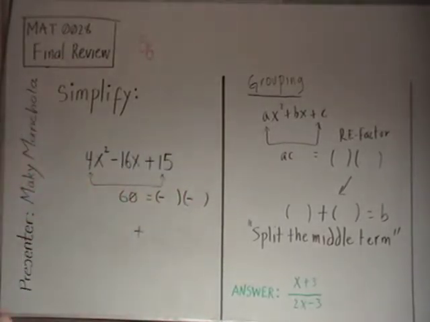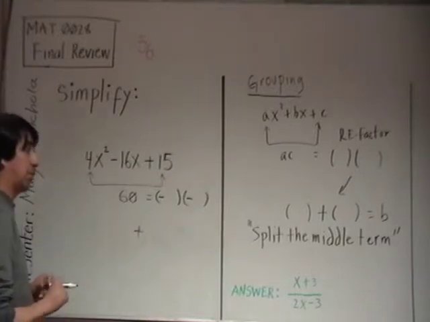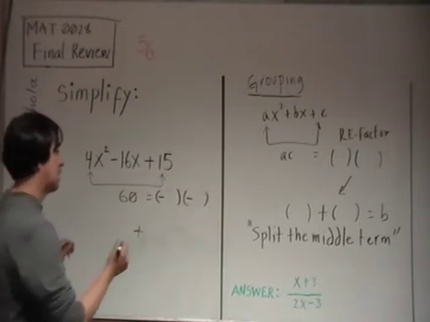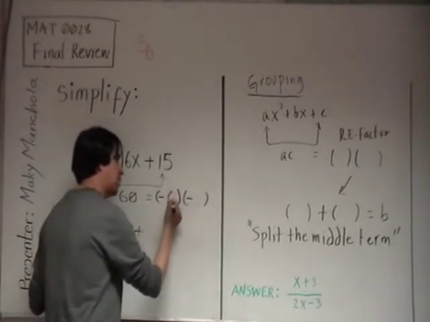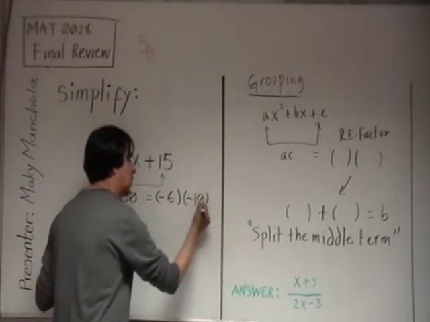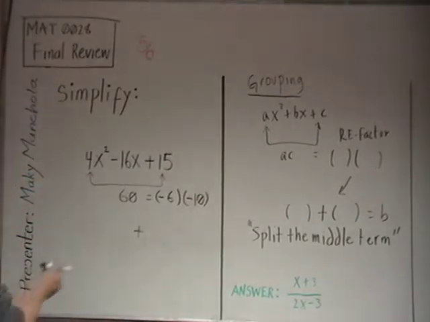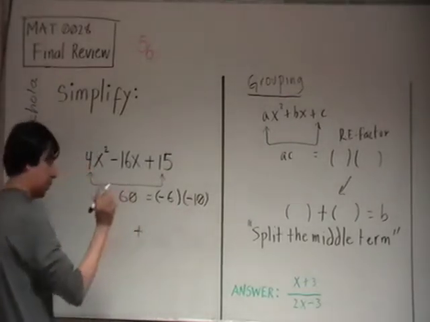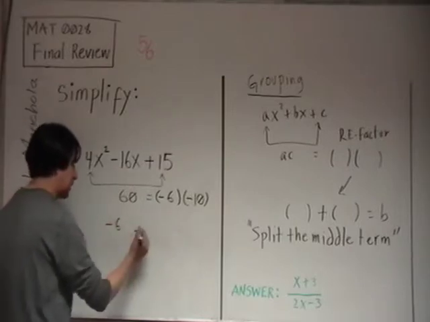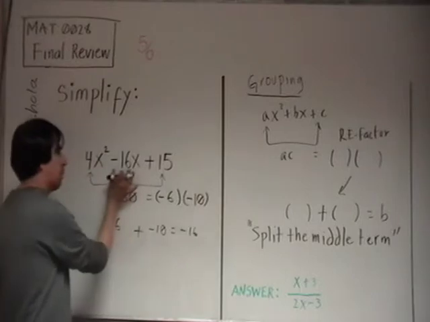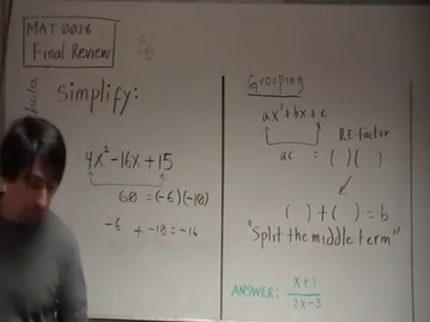At some point, you're going to run across the right combination. It takes maybe a couple more steps, but then you'll run across negative 6 times negative 10. Negative 6 times negative 10 is 60, and negative 6 plus negative 10 is negative 16. Bingo, we've got the correct combination.